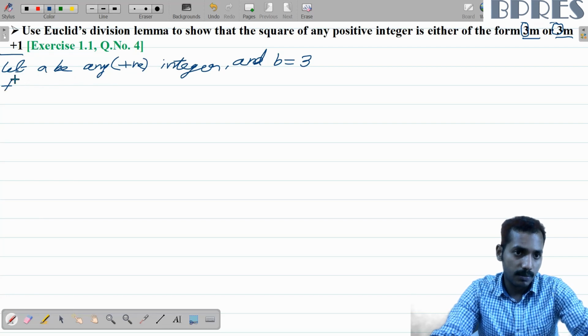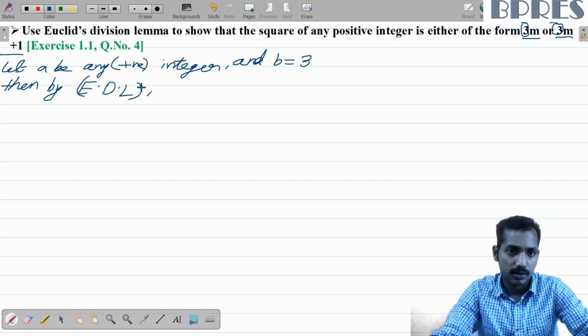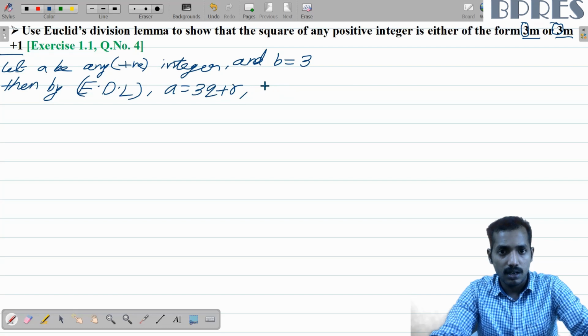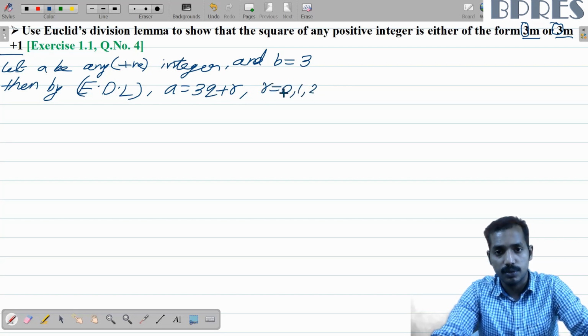So by Euclid division lemma we get a equal to 3q plus r, where r is 0, 1 or 2, because r should be greater than or equal to 0 and less than b.